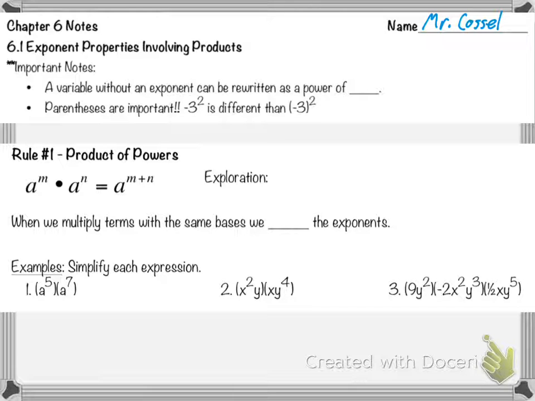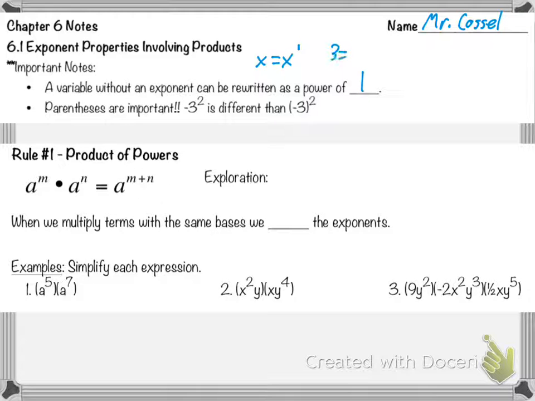Okay. So, exponent properties involving products. Products is what type of problem? Multiplication problem, right? Okay, products are multiplication problems. So, important notes, guys, before we get started. If we see a variable or a number without an exponent, it can be written as a power of 1. So if we see an x, it's really the same thing as x to the first.